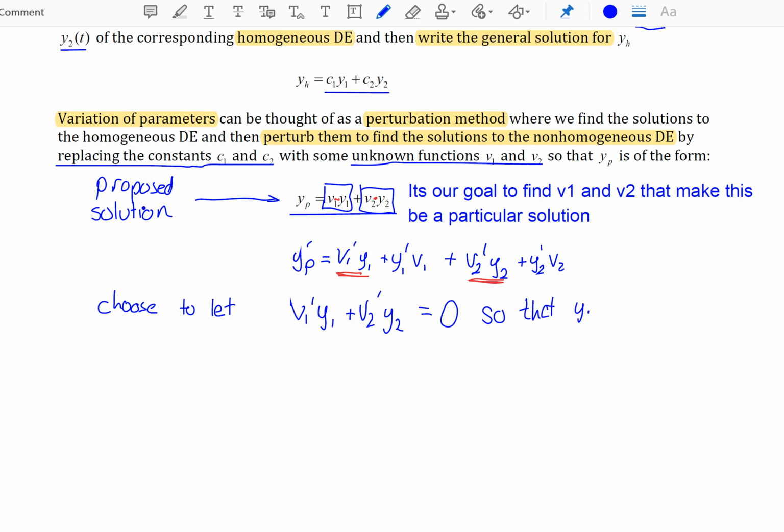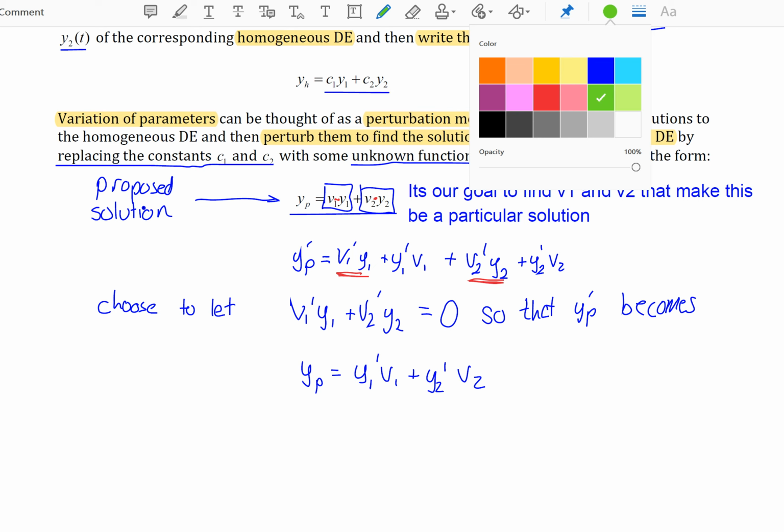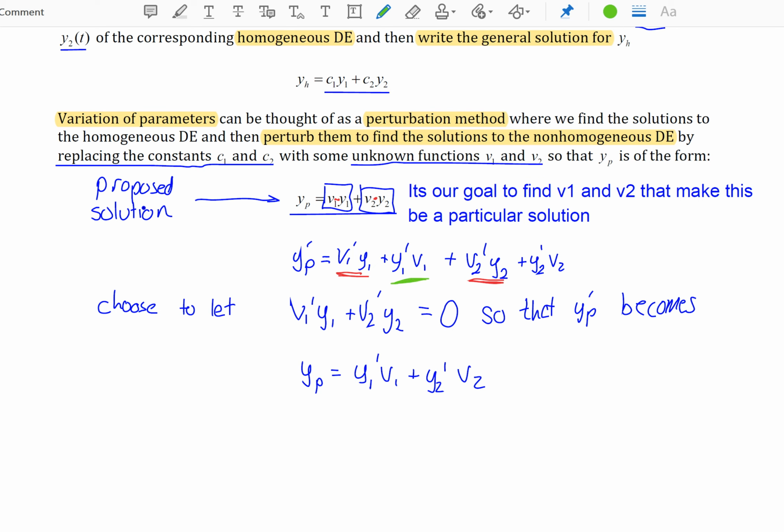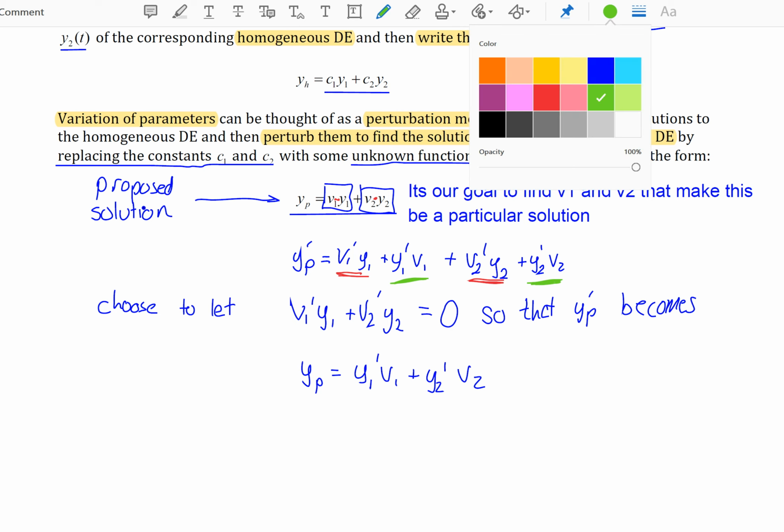So that yp prime becomes just y1 prime v1 plus y2 prime v2. What I'm doing is I'm grabbing the terms that were not 0. I'm grabbing these two terms. So that's now what yp prime is.